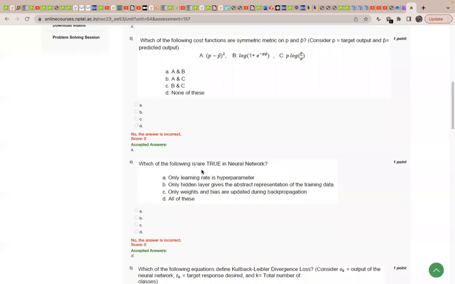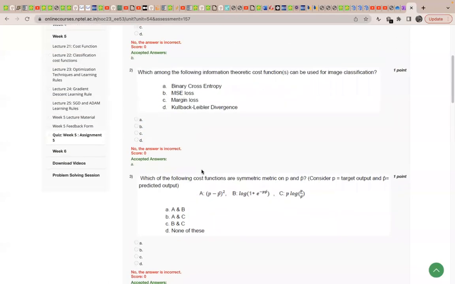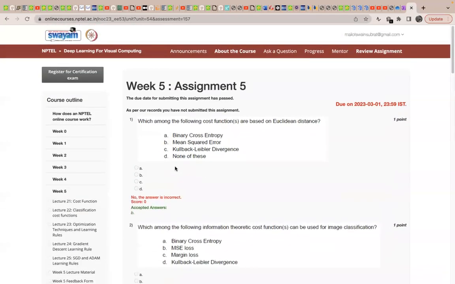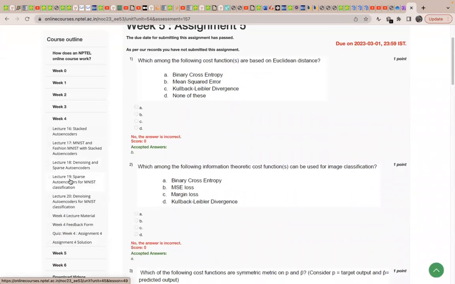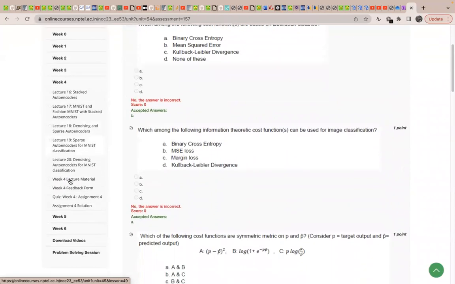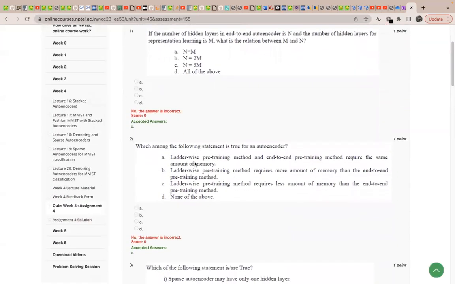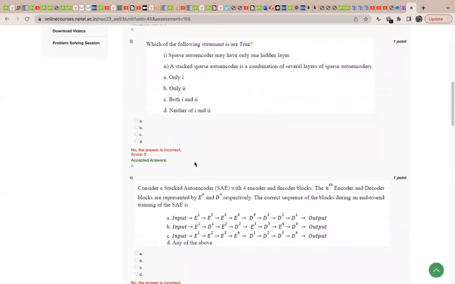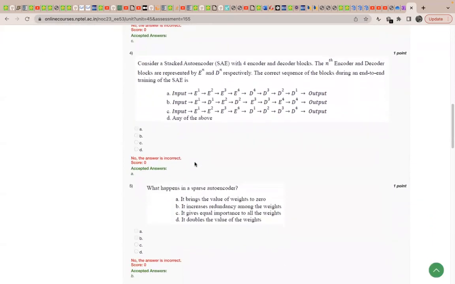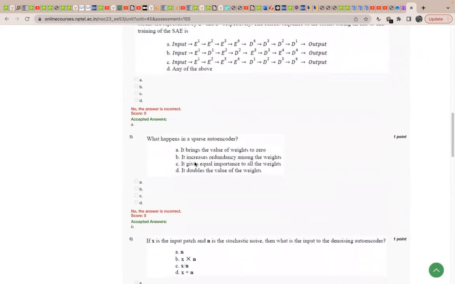And sir, can you go to the fourth assignment and the question about sparse autoencoder? Can you scroll down? Down, sir. Regarding that fifth question.